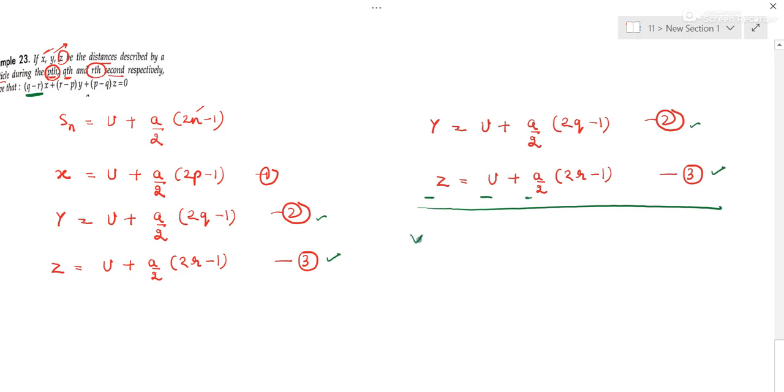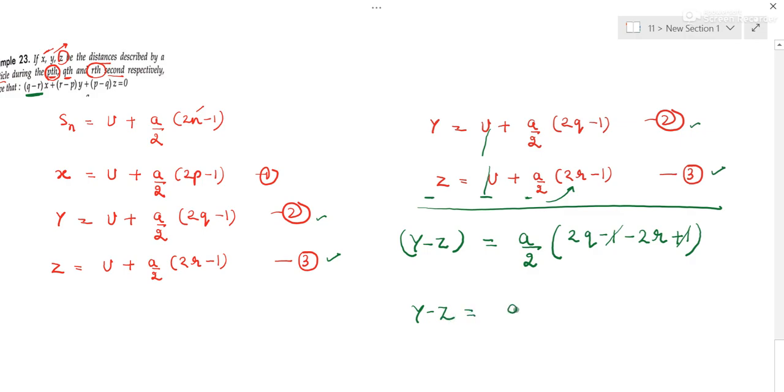So it's y minus z. u cancelled, a by 2 common. Upper term 2q minus 1, and then lower term with sign change, minus 2r plus 1. This is a subtraction, 1 cancelled. So y minus z equals a by 2 into 2q minus 2r.